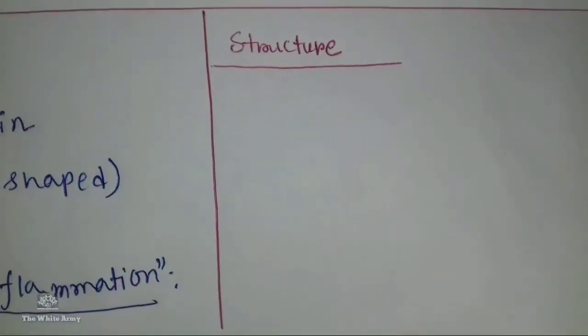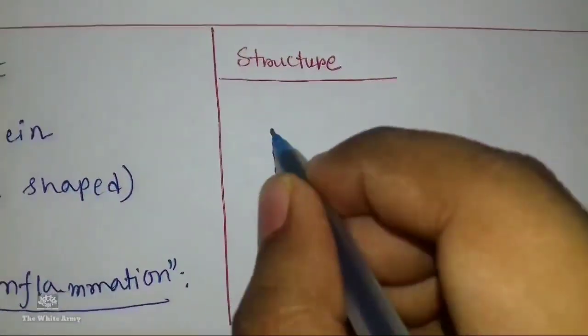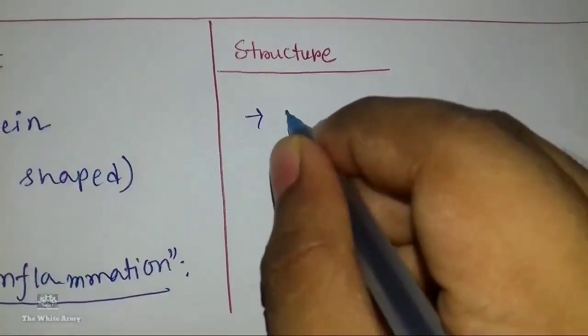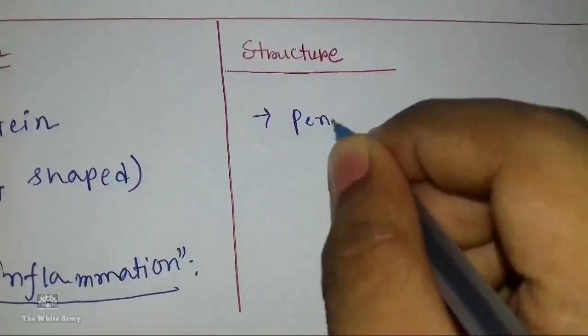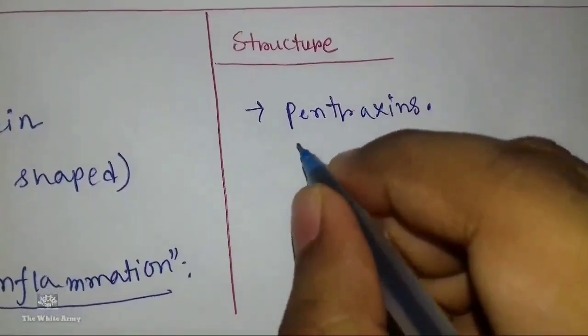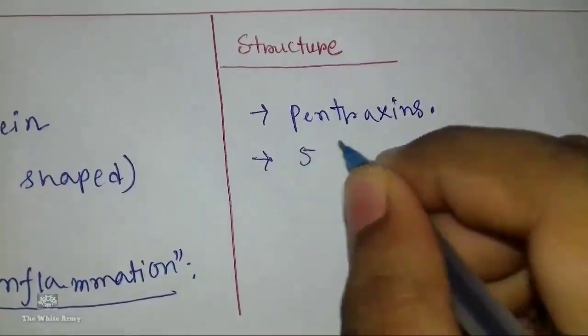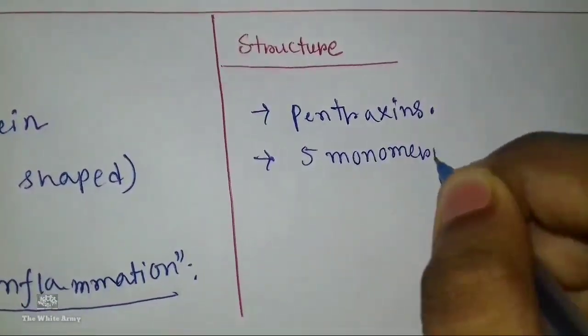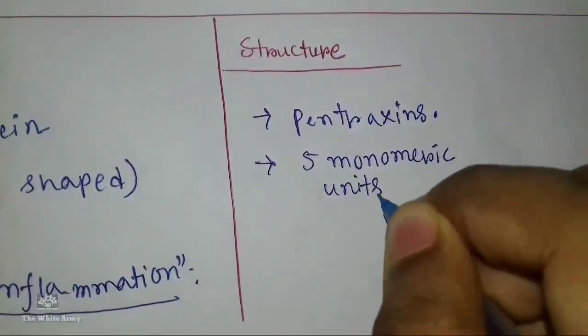So now let us know about the structure of this protein. It belongs to a family of proteins known as the small pentraxins family, and it has 5 monomeric units in its structure.